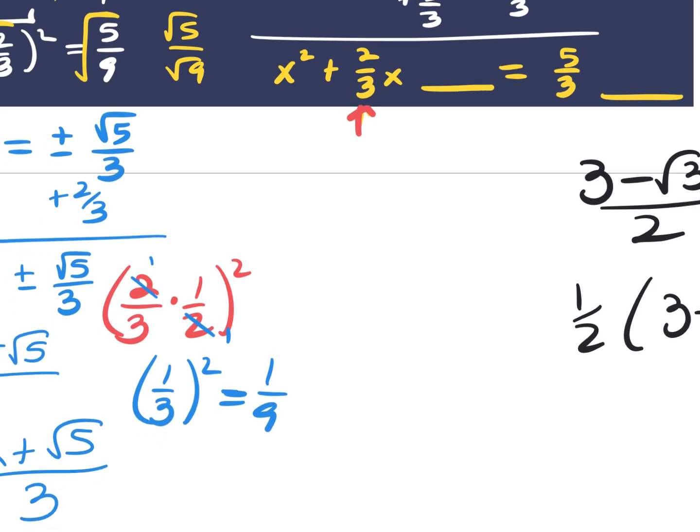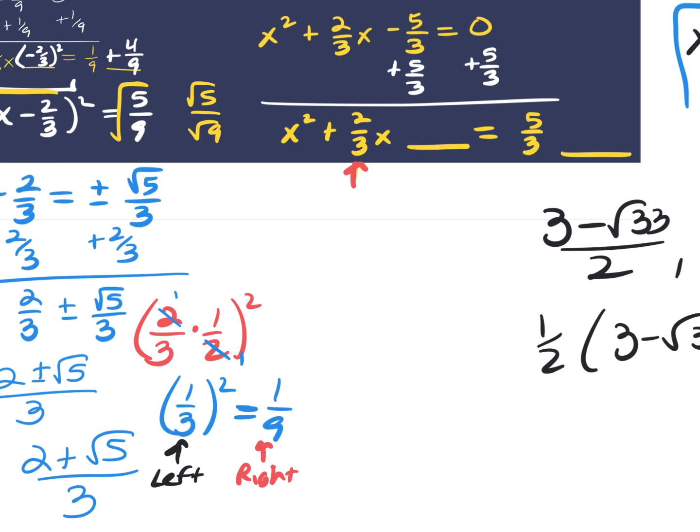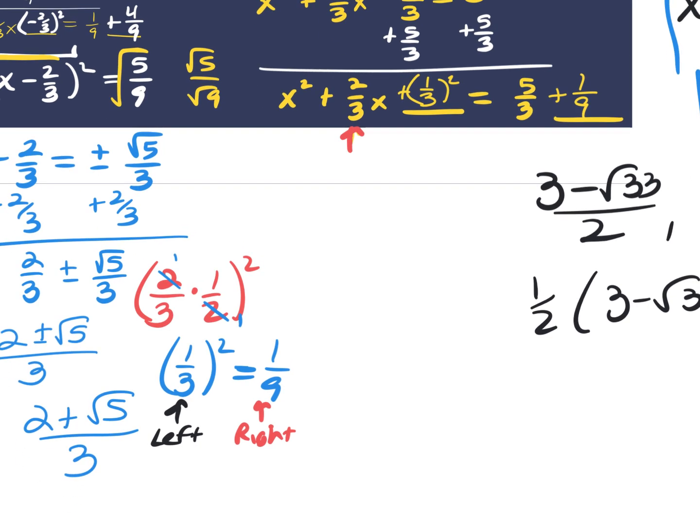But remember, this is what I'm putting on my left side, and then this is what I'll put on the right side, on my blank spaces. So up here, I'm going to put plus the 1/3 squared, and over here, I'm going to put the plus 1/9. Now what I need to do is add these fractions over here.